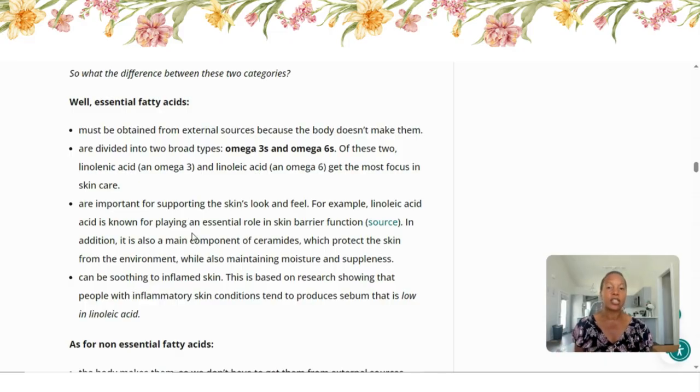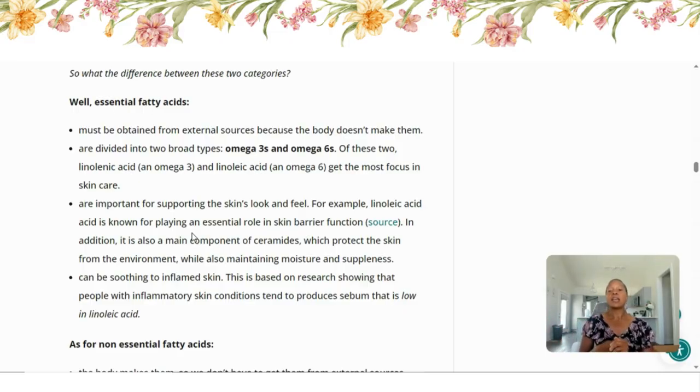In addition, linoleic acid is also a main component of ceramides. You've probably also heard about ceramides. You're probably using some products right now that have ceramides in them. Ceramides protect our skin from the environment, and they also help to maintain moisture and suppleness of our skin. Okay, so linoleic acid is a component of those ceramides.